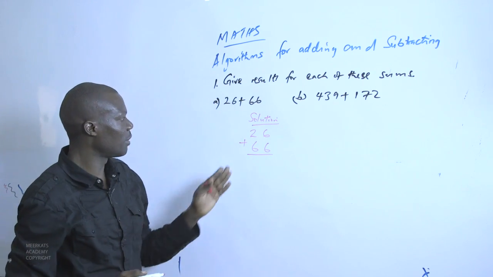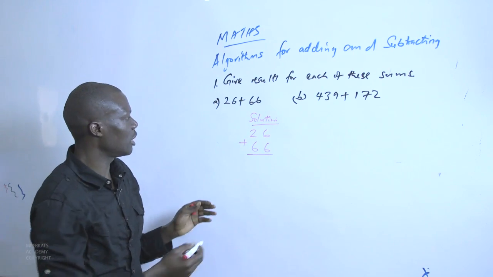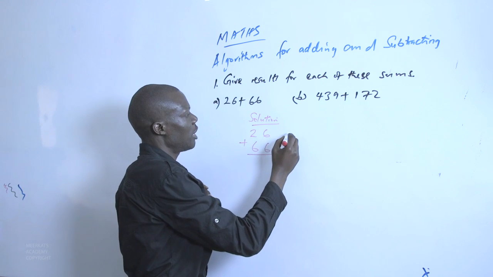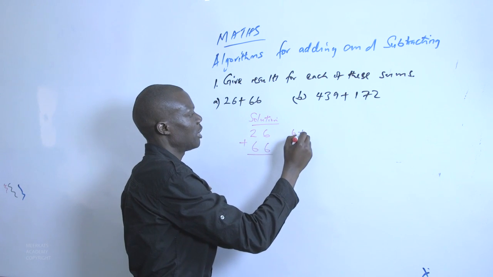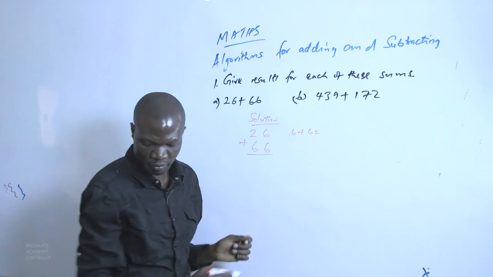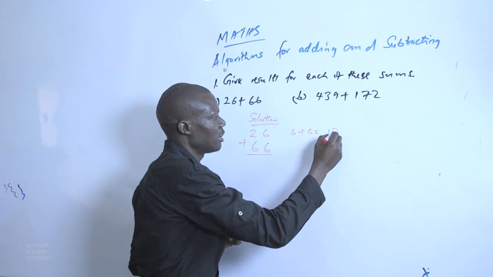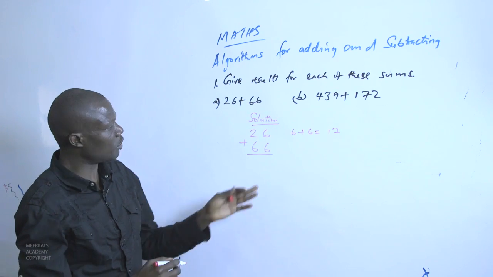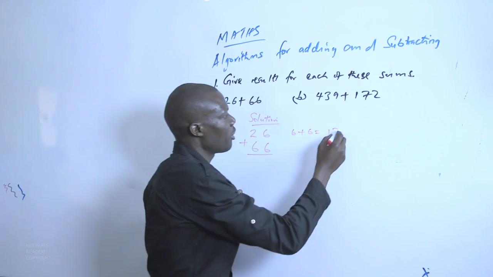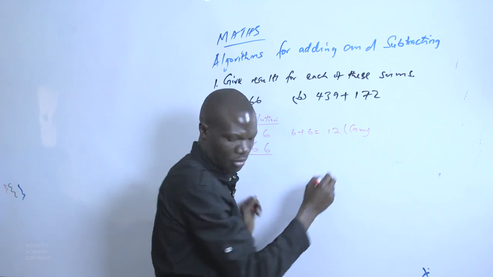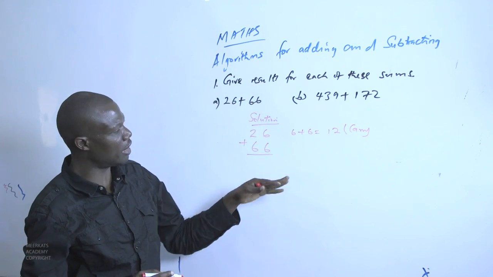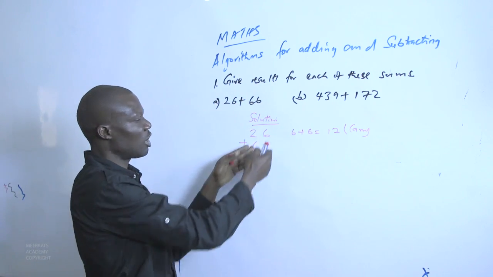Then the next step, looking at columns again, the first step is 6 plus 6. When we add 6 plus 6, you get 12. So for this particular case, we are going to carry 1 to the next column of tens, because the first column is ones.